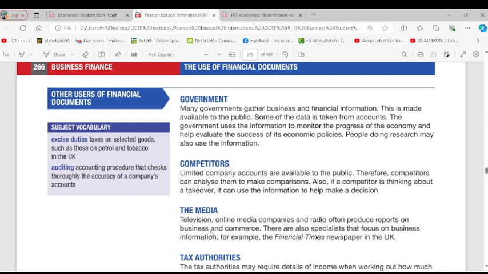So governments are in charge. We have legal control. If businesses are doing well despite legal controls, it means government policies are making a positive impact on the economy. So government can use the financial documents of businesses to measure the performance of the economy.